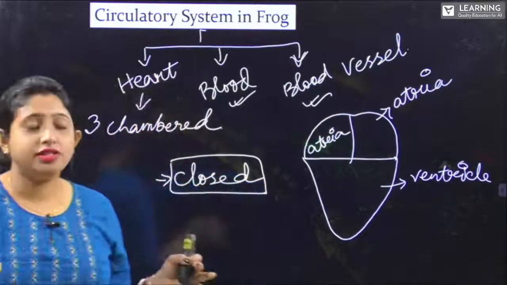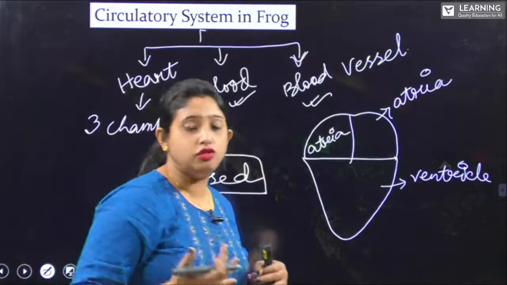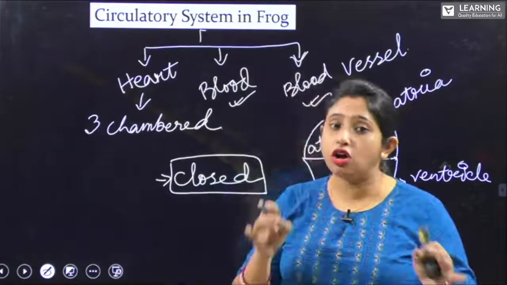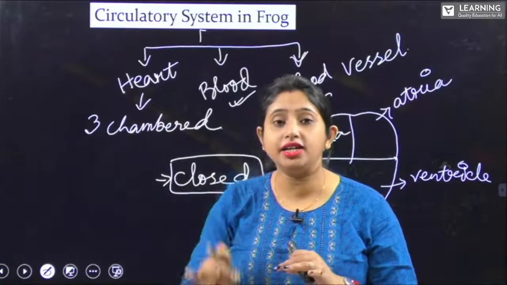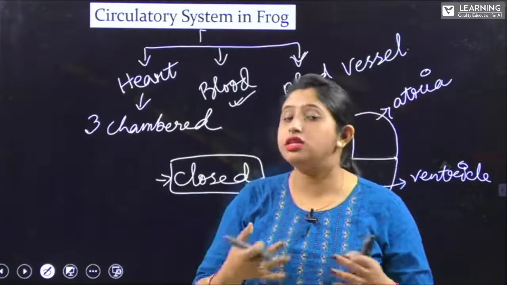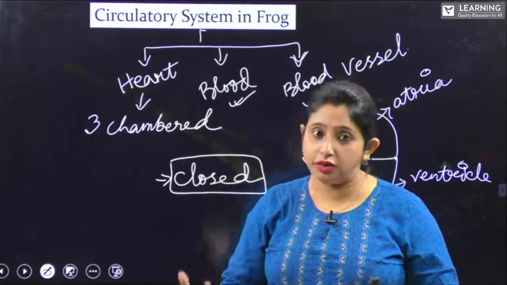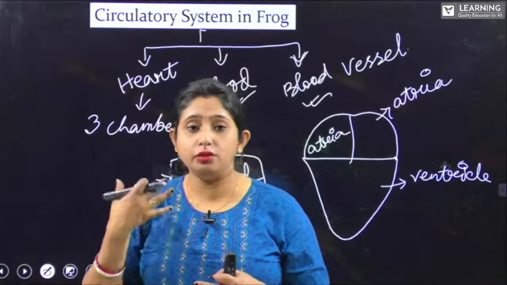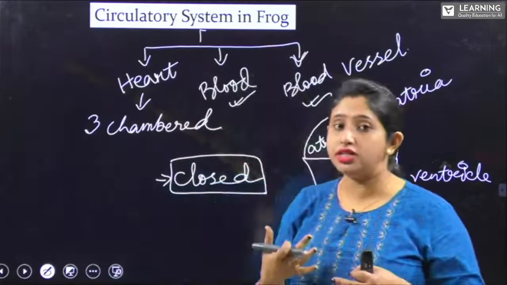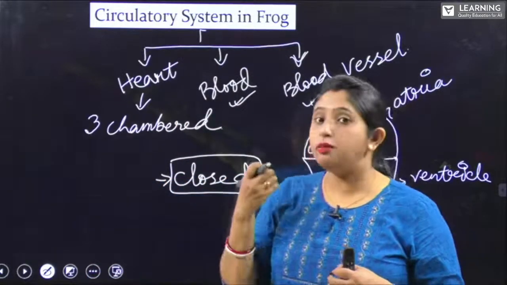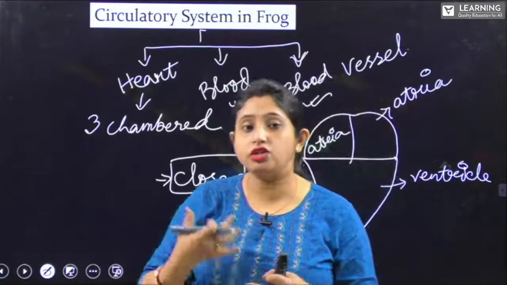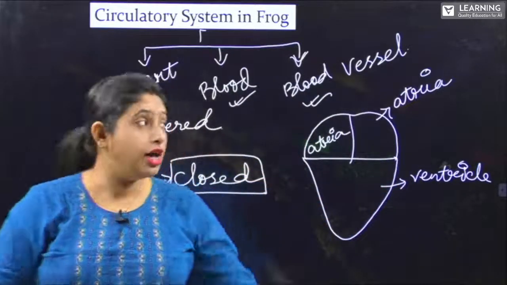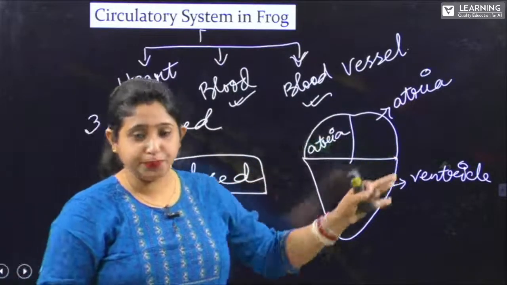In case of open circulation, all the organs are bathed directly in the blood, because they do not have well-developed blood vessels. But in case of frogs, they have well-developed blood vessels. So the blood is circulated through the blood vessels. Is that clear?